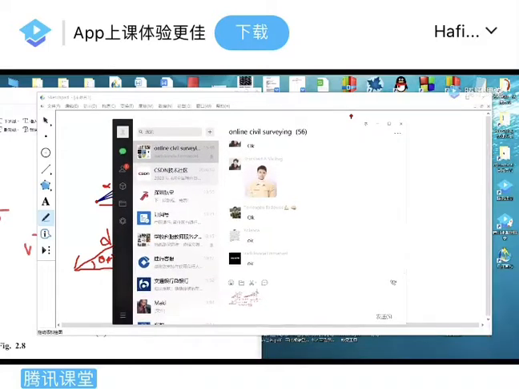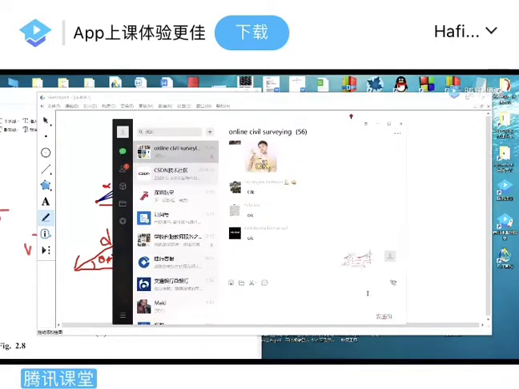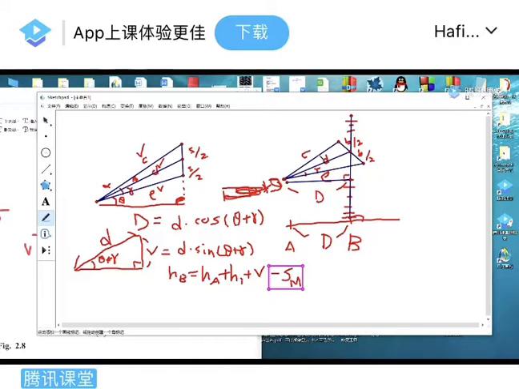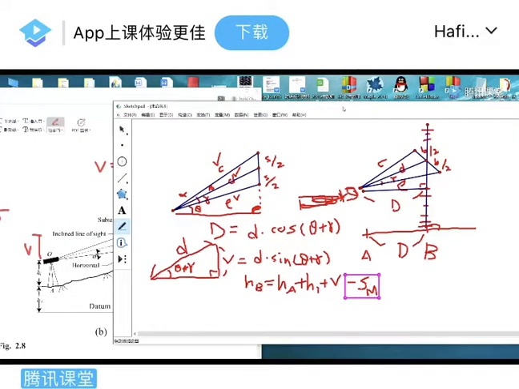This is a very practical one. You'll be facing this kind of problem once you come to the real industry, and they'll ask you to do all these kinds of measurements. Remember, it's pretty much the same. Okay. Now come to the next one. It will become much more complicated.